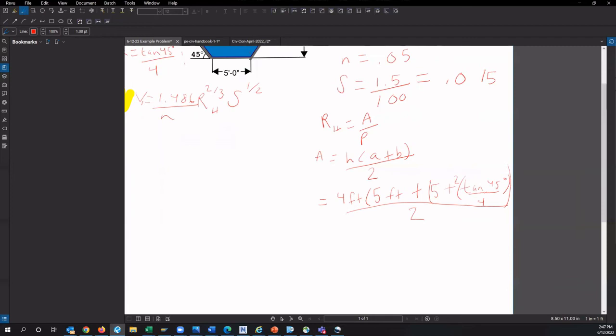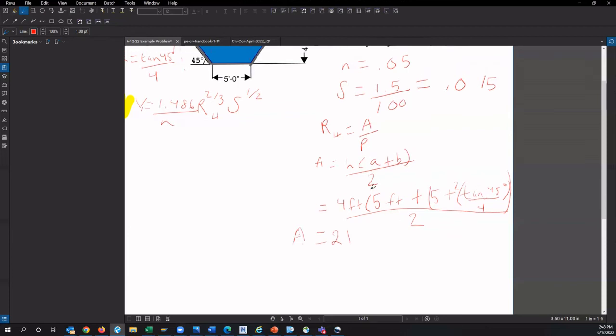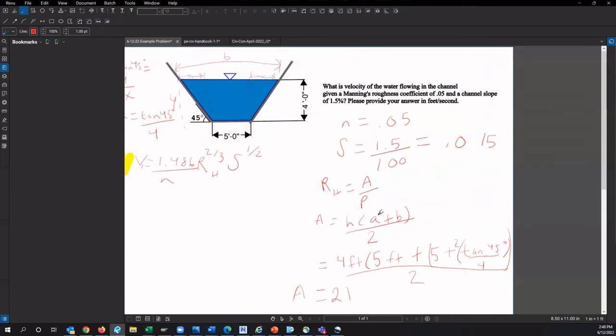That's one of the recommended calculators just because it doesn't have a graphing function, but it still has everything else you'll need. It does compute formulas and things like that, so pretty handy calculator. 21. So our area is equal to 21, and now we need to determine our hydraulic wetted perimeter.